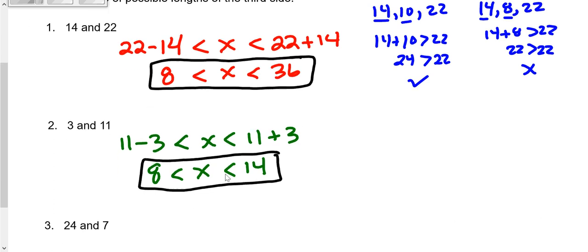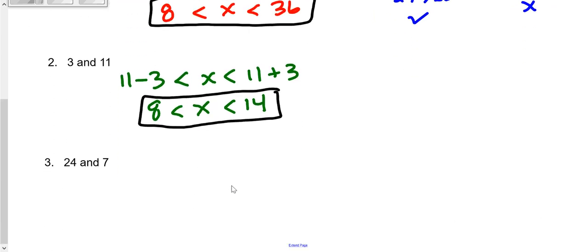All right, let's look at example 3. Example 3 is 24 and 7. In this case, we're going to do 24 subtract 7 less than x less than 24 plus 7. It'll work like this every time.